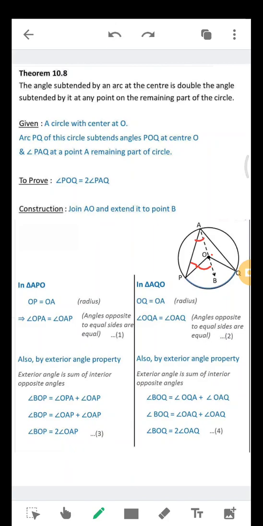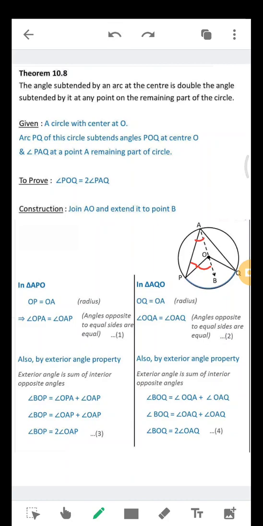The same thing we do for the other triangle, the triangle AQO, and we get equation number 4. I'll take the exterior angle for this one, and I get BOQ is equal to twice OAQ. So we have got 2 equations, equation 3 and 4.